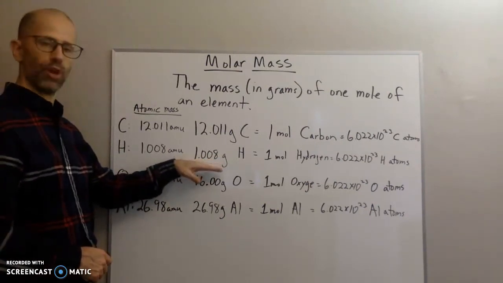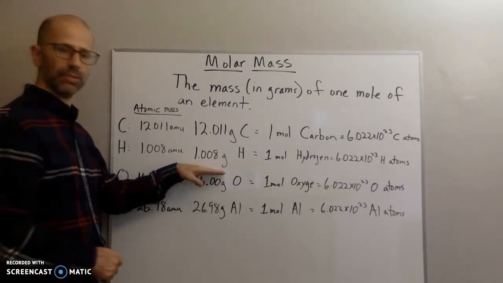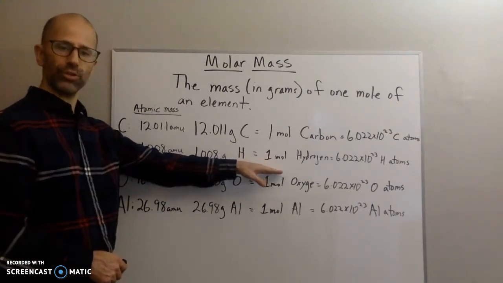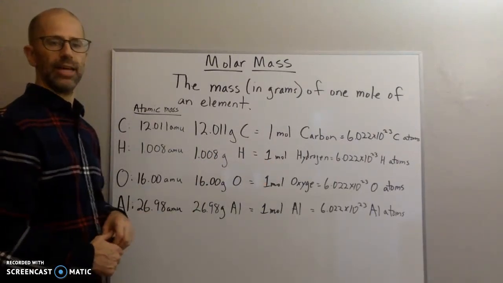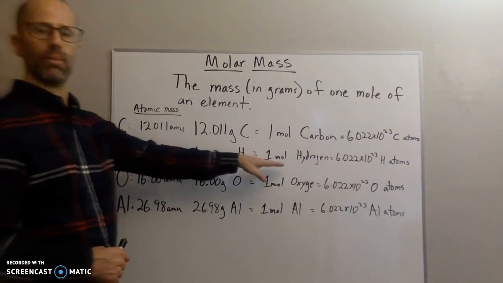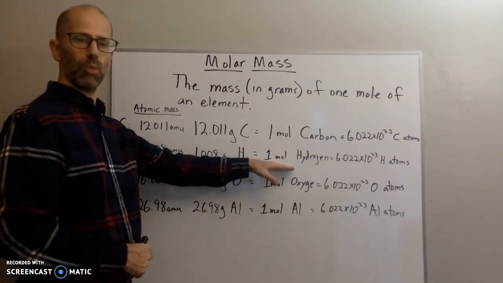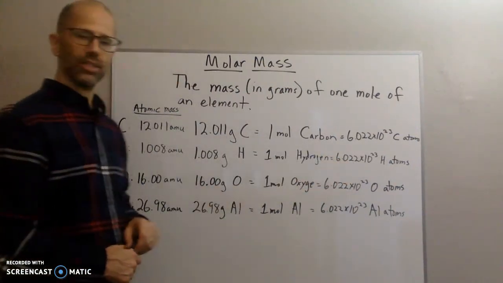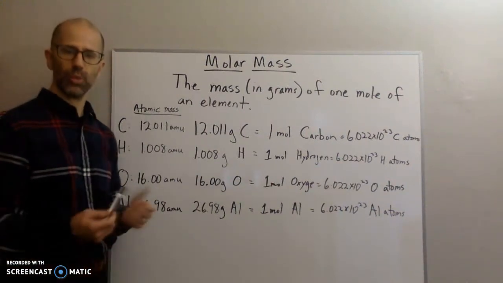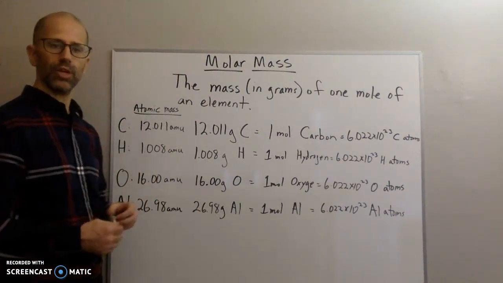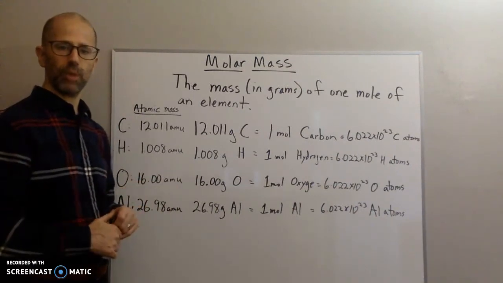And you can convert between the grams of the substance to moles of substance using the molar mass, and then using Avogadro's number, 1 mole is equal to 6.022 times 10 to the 23rd particles, you can convert from moles to particles.